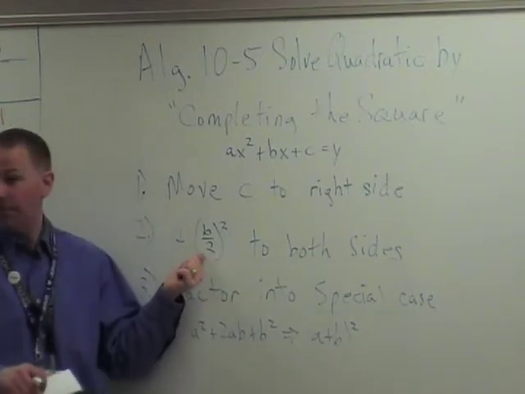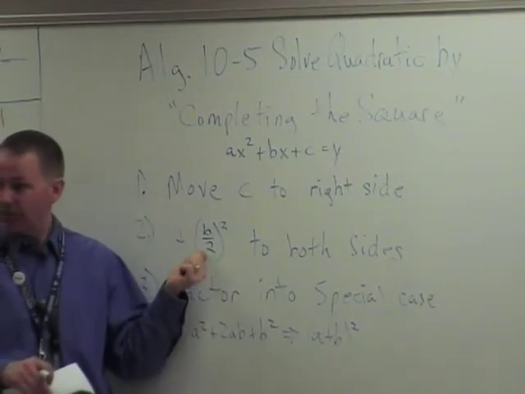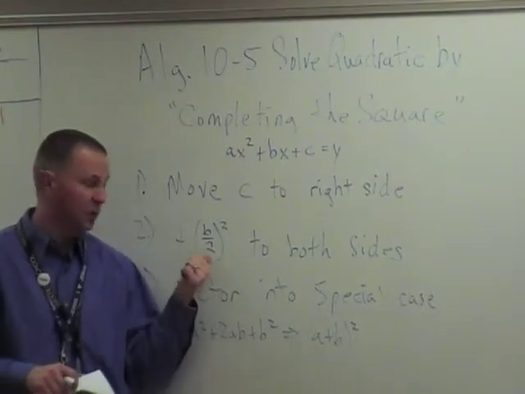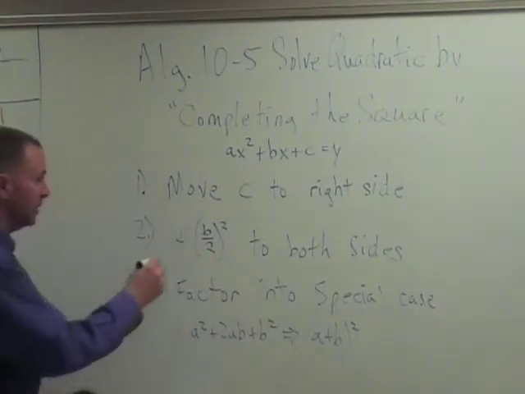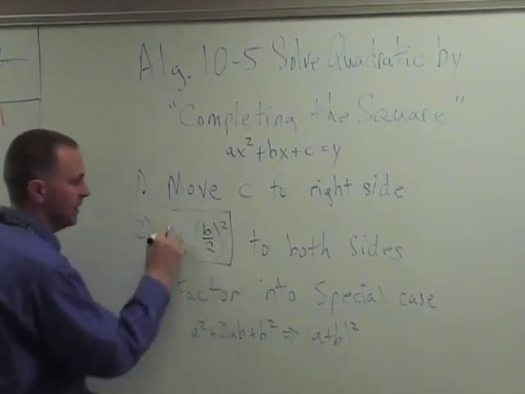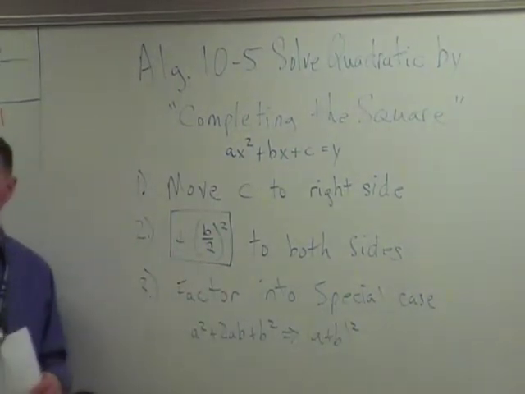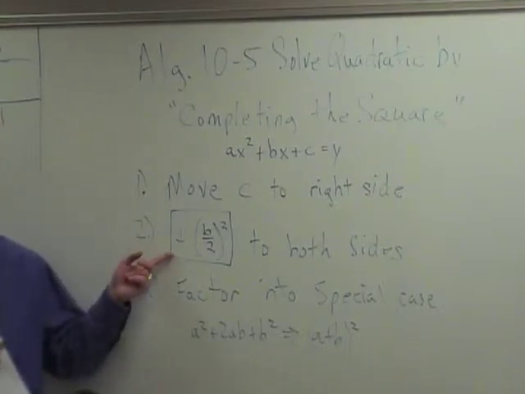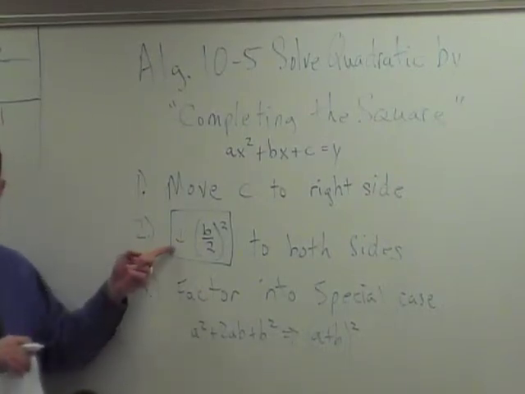But they just didn't make this up. They figured out how to make this into a perfect square trinomial by doing this formula. All right, so this right here is what you get out of today's lesson. That formula, that expression, that term that you're going to add. You need to remember this forever. Okay, that's completing the square right here.